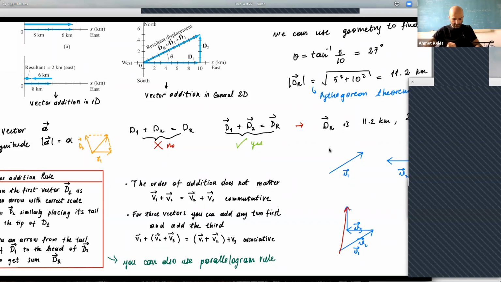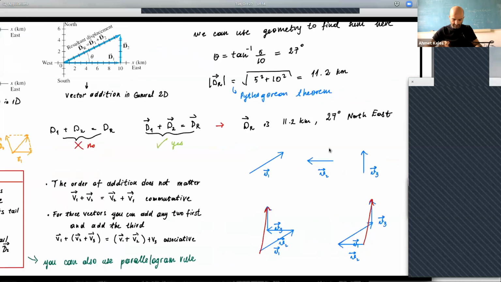So we say vector addition is commutative. If you have 3 vectors, you can add any 2 first and then add the third, like V1 plus V2 plus V3, or V1 plus V2 plus V3 in another grouping. We call this vector addition is associative. So we can show this with examples.